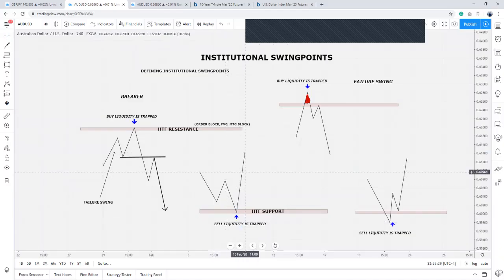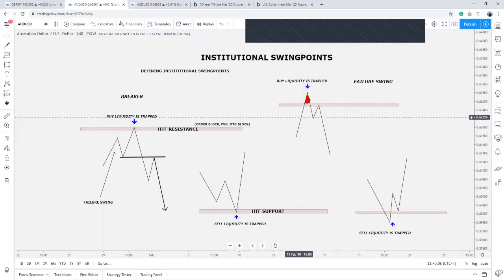So for price to move to the upside, someone needs to offer a sell side for the buy side, for price to be priced higher. Someone needs to sell to the next person for the next person to buy. Basically, for the market to make a turning point, it needs that liquidity to make that turning point. So the market cannot just get to a level and make a turning point off that level. Someone needs to be offering the buy side and someone needs to be offering the sell side.